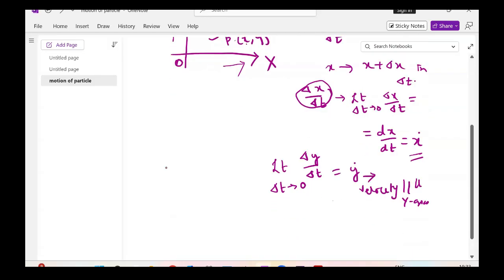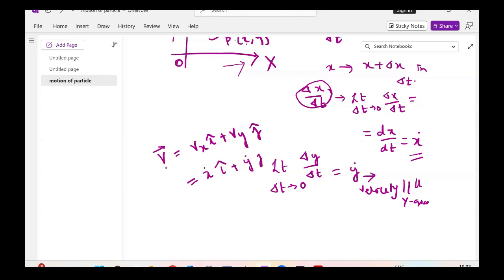We know velocity is a vector, so we can write velocity v equals vx along i plus vy along j. What is vx? We have just seen, it is x dot, and similarly y dot. So this is the velocity of the particle.